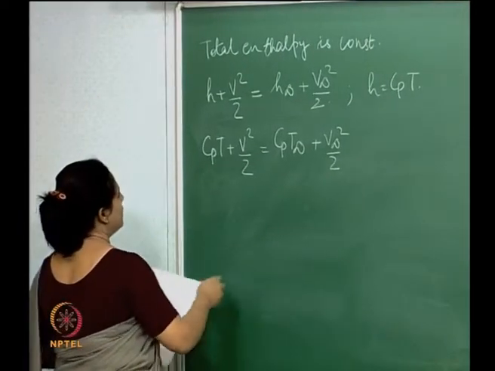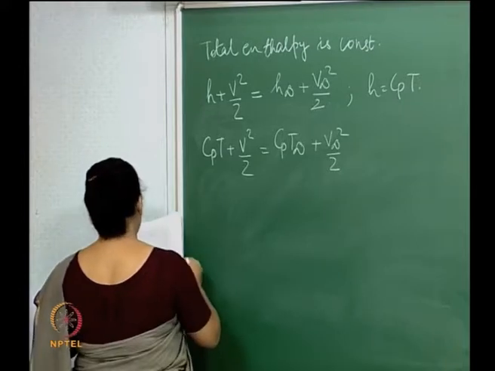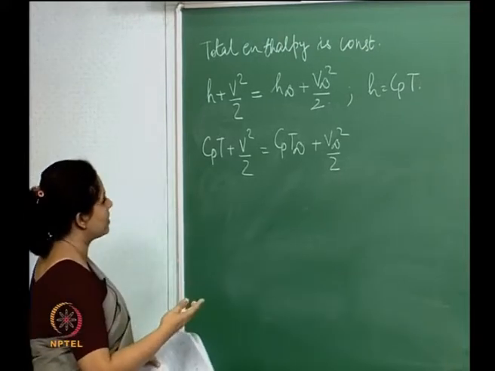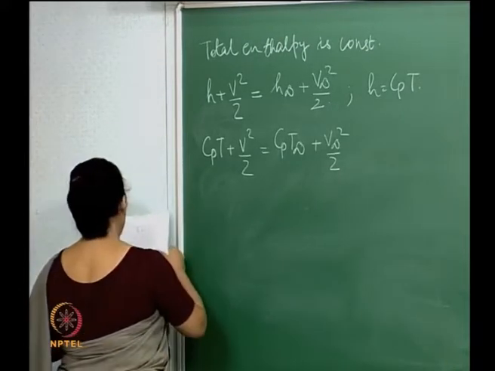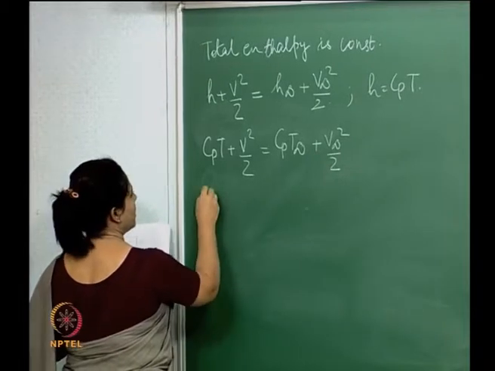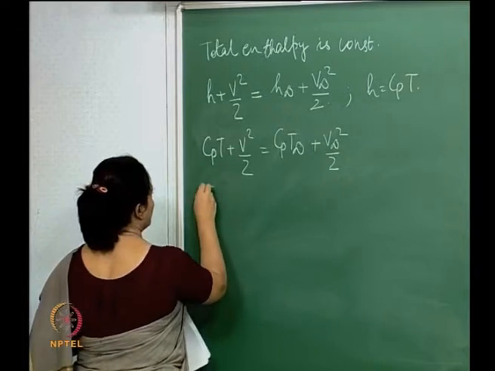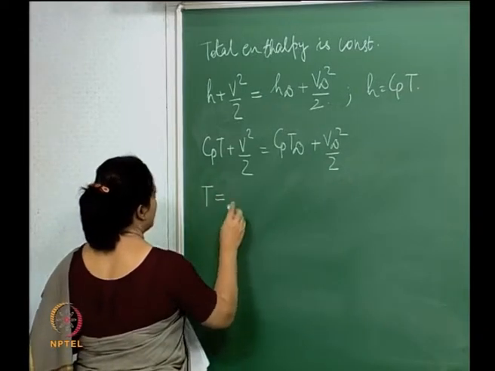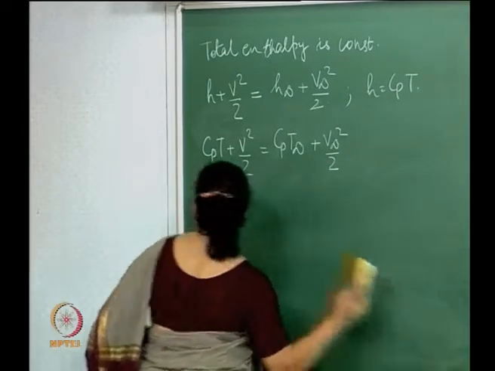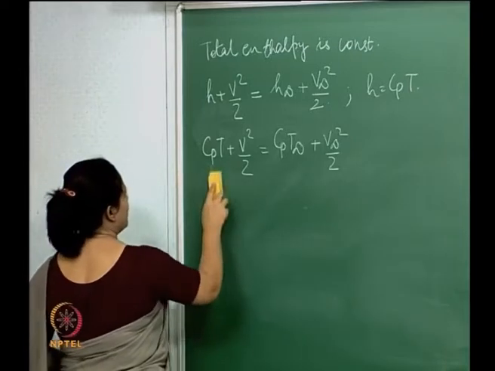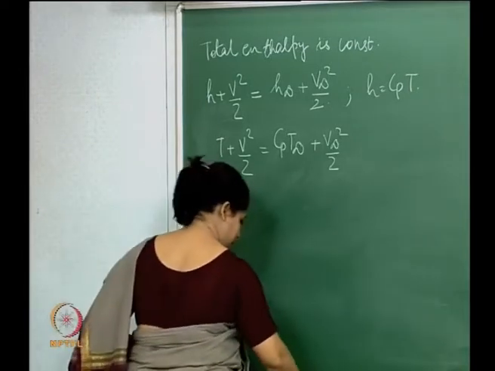Okay, and let us not skip steps here maybe. So then what we do over here, let us divide by Cp throughout. So if I divide by Cp throughout, what I get is this.